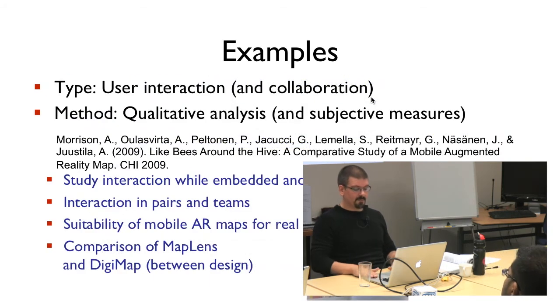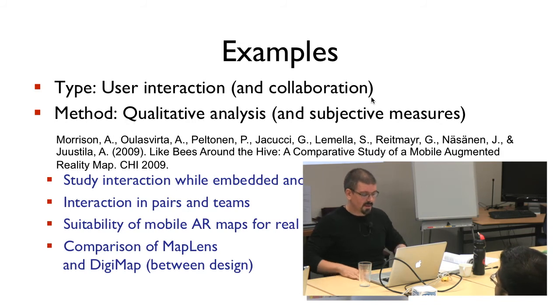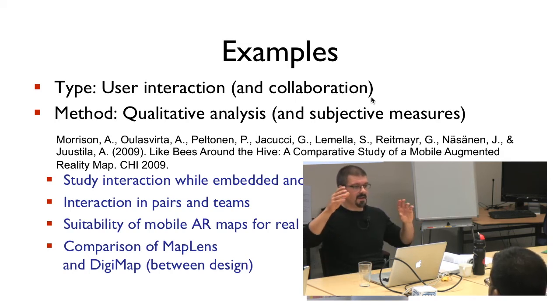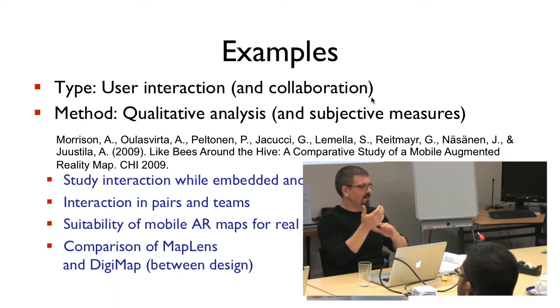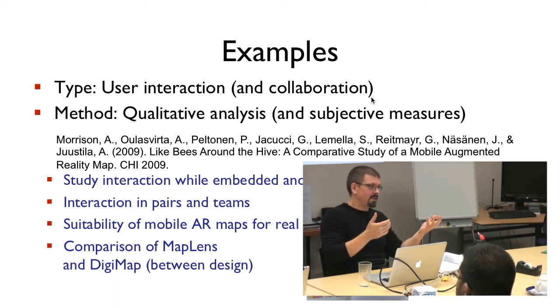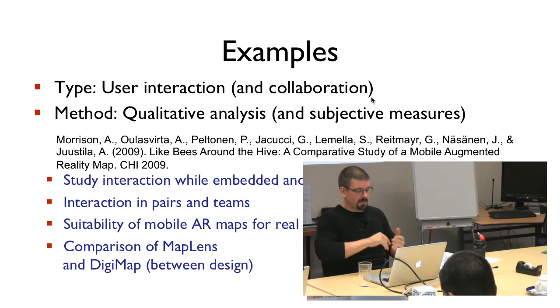A more qualitative approach was taken by Morrison and colleagues. They compared 2 different interfaces, just a regular map on a mobile device, compared to an AR interface, where you could see virtual information overlaid on top of a physical map.